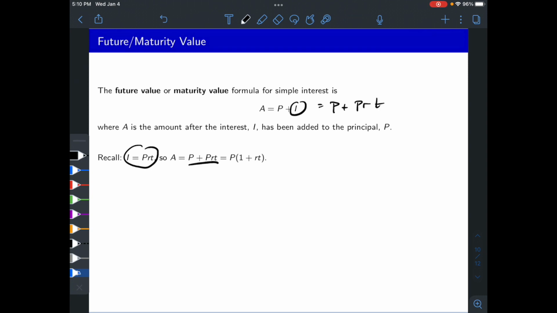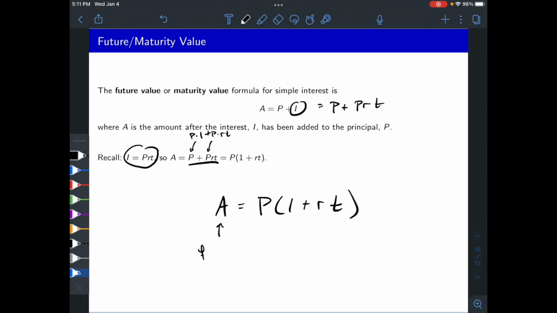And then if I were to factor out a P from both of these terms, because this is really P times 1, and this is P times RT, I'm going to be left with P times 1 plus RT. So to summarize, you could actually replace the formula that we had before with A is equal to P times 1 plus RT.